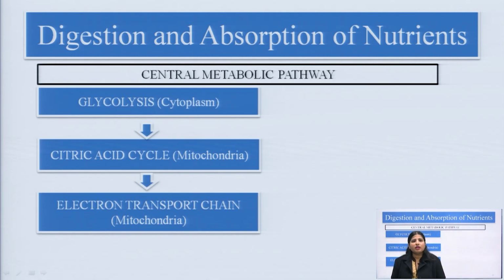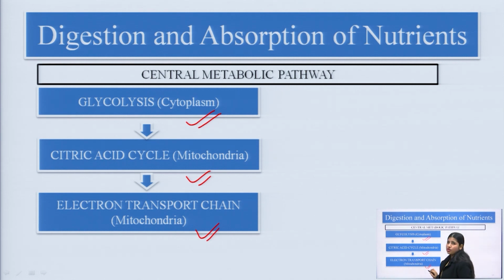There are some central metabolic pathways you need to know. Whenever carbohydrate, protein or fats go into the circulation, they are utilized by the cells to form energy. How is the energy formed? It will undergo the glycolysis process, then go through the citric acid cycle, and then the electron transport chain.